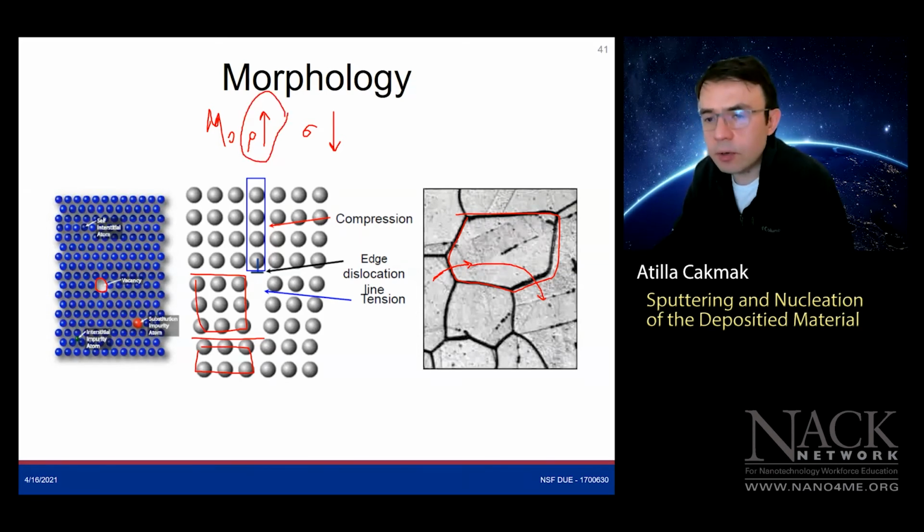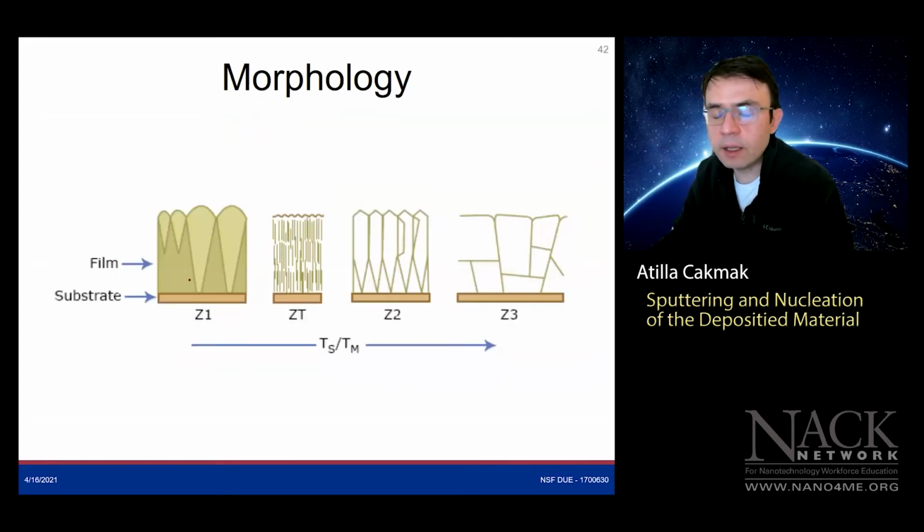So these are called the grain boundaries. Inside the grain boundary, we have a somewhat uniform crystal orientation, meaning that these atoms are nicely situated in a somewhat ordered fashion. And we can determine the crystal orientation based on the temperature.